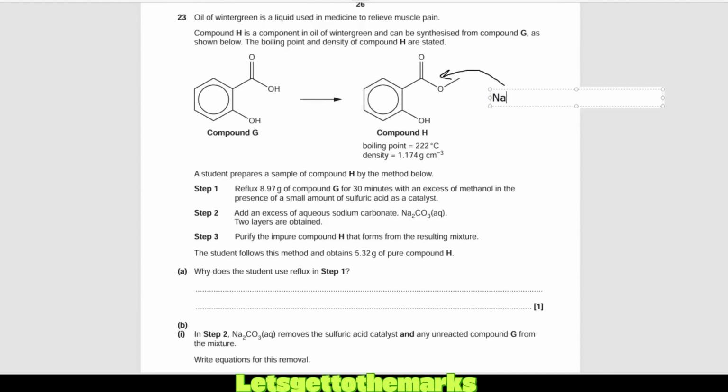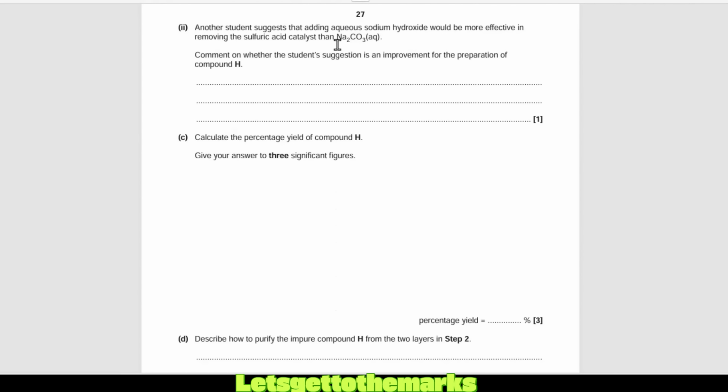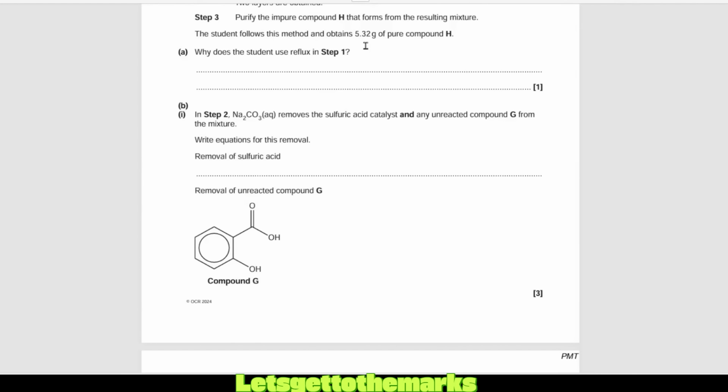Well, carbonates form carbon dioxide and water, but the sodium hydroxide would actually do alkaline hydrolysis of an ester. Look, that's got an ester link there, and that ester link would get broken. So you'd end up with a carboxylate ion coming off the benzene there. So it would actually break the ester link. So I'm going to say no, I don't think it's suitable as you're going to hydrolyze that ester link. So yeah, no. Right, let's move on.